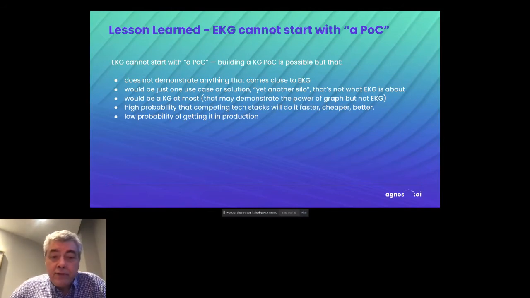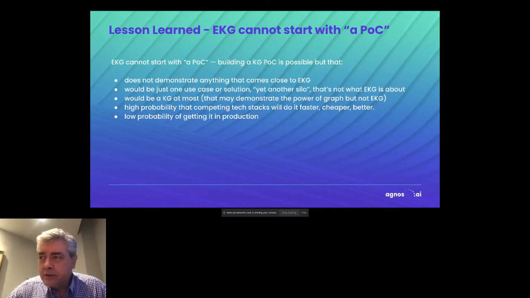So you will have to compete with other teams in the company, and they will use their bread and butter technology stacks like Java and Oracle or SQL Server, Power BI, etc. They will do it faster, cheaper, better when it comes to just one use case. And it will also have a very low probability of getting to production, because you're introducing all kinds of new technologies and people don't know how to support it in production.